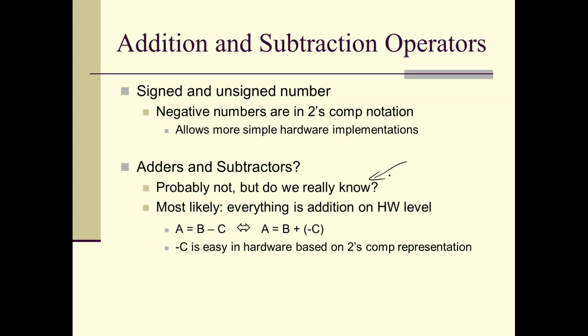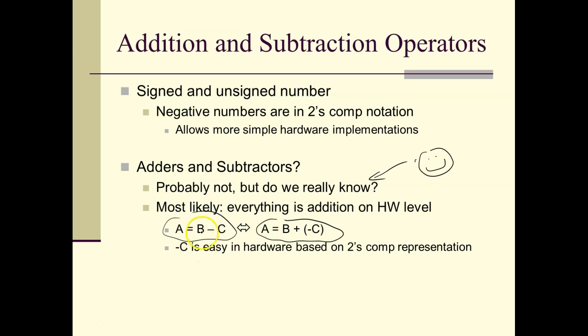Do I really know how it's doing this? You can be pretty positive it's going to do the right thing, but oftentimes you just don't know how it does that. For example, this is the classic subtraction operation, and I can rewrite it, instead of b minus c, as b plus negative c, which is essentially functionally equivalent.